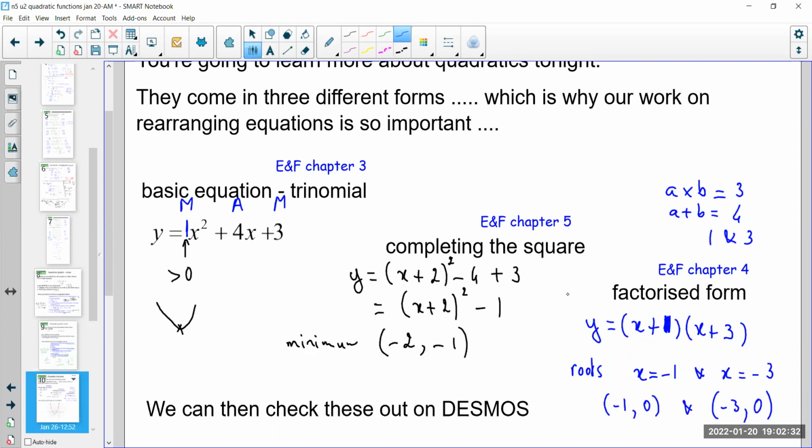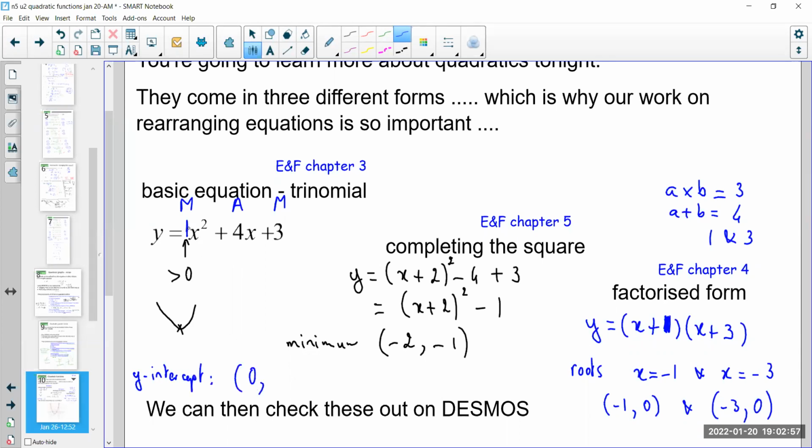So in these 3 different forms, you can see how quickly you could draw your graph. Because I've got 2 roots. I've got what we call a minimum turning point. And the first one is dead easy, because the y-intercept is when x equals 0. So what happens when x equals 0?